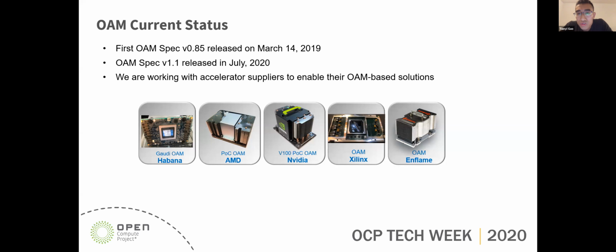Here are some good pictures showing some of the OEM-based AI accelerators which were developed and built by several different vendors. I would also like to mention that there are some other AI accelerator companies that are working on developing their AI solutions and products following and referring to the OEM specs. Next one, please.